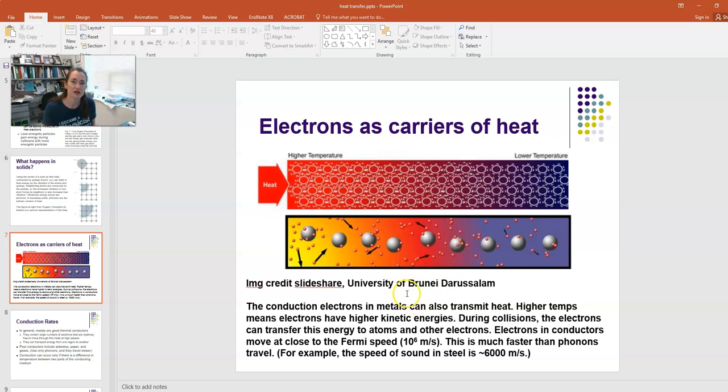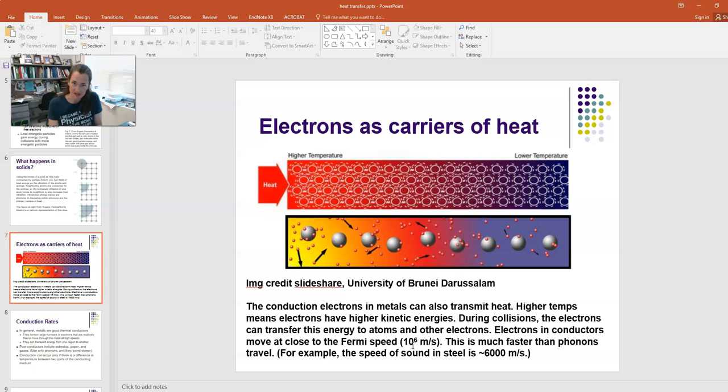But as you get hotter and hotter, they move faster and faster. Through collisions, the conduction electrons can transfer that energy to atoms and other electrons in the lattice. Electrons in conductors move at close to the Fermi speed, on the order of 10 to the 6th, but it can be faster as they get hotter.